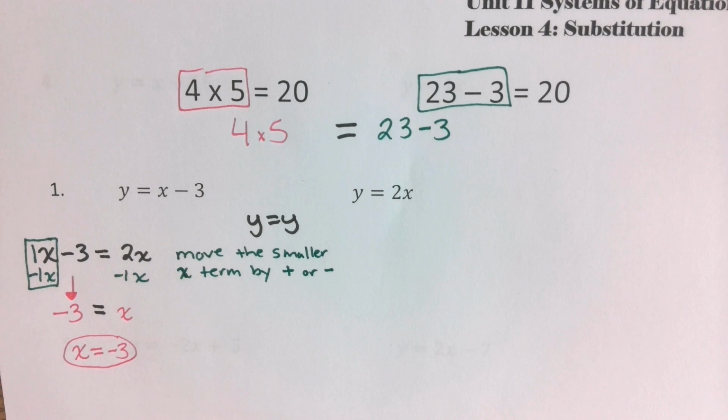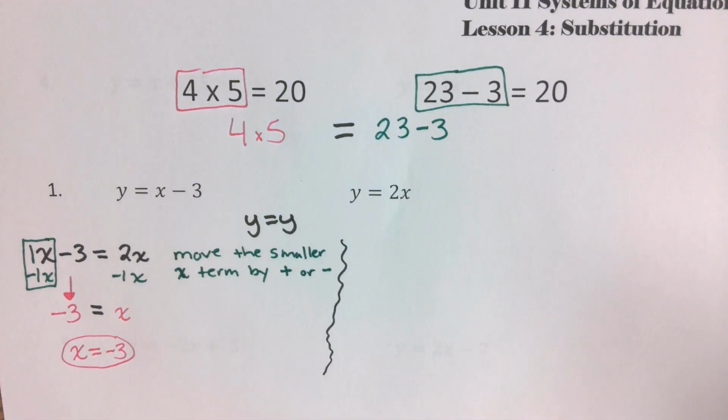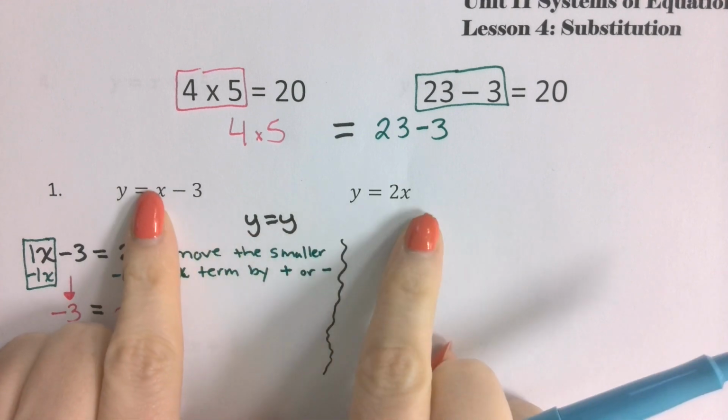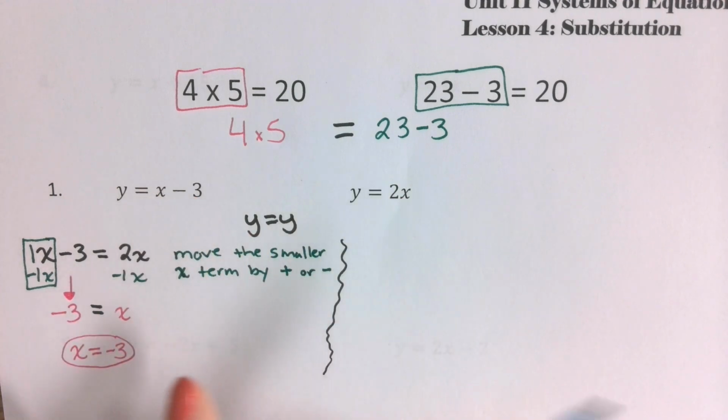Now, my second step, my second part of the process, and I'll draw a little wall, is I'm going to use substitution. So remember we talked about substitution? We've done substitution two different ways. The first thing we did is we substituted our y values with our x algebraic expression and solved for x.